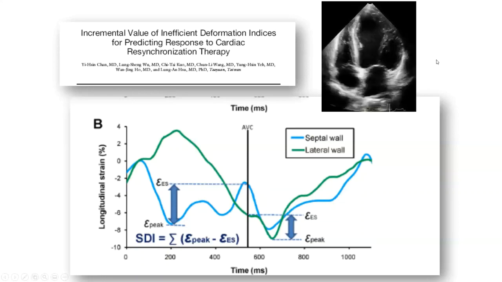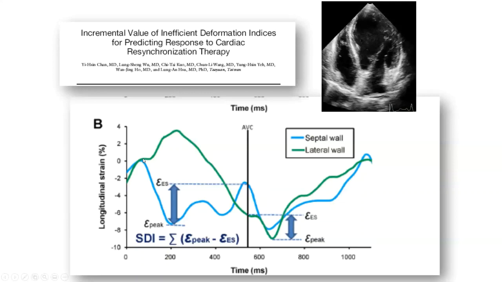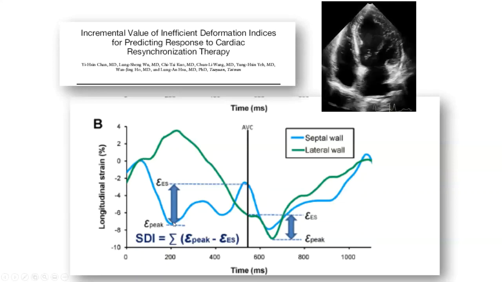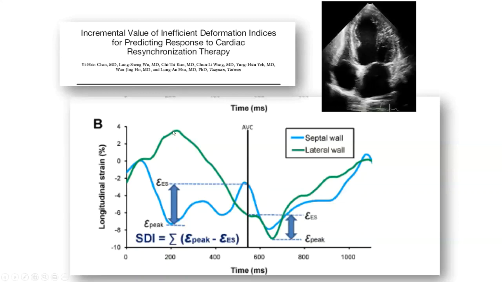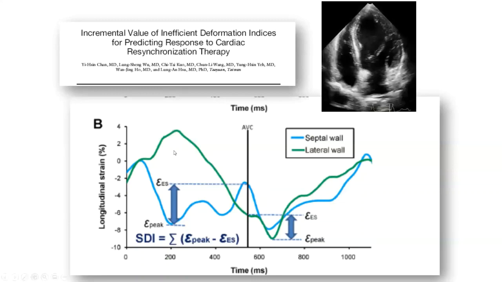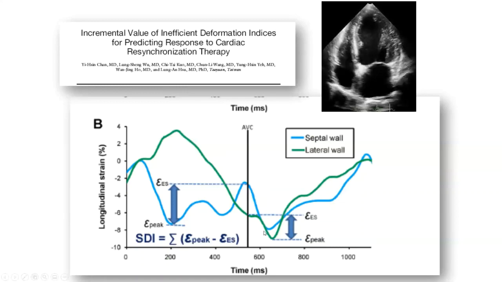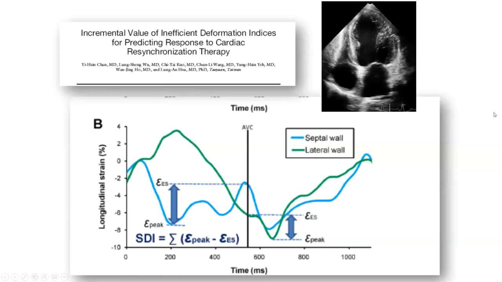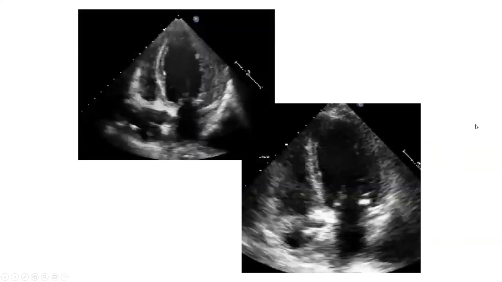So in fact, as I said earlier, the walls are at war with each other. When the septum depolarizes, since it gets the electrical signal first, it expands the lateral wall. It preloads the lateral wall because the lateral wall is still in diastole. And then when the lateral wall comes in, its longitudinal strain is enhanced, and it has the effect of blowing the septum out of the picture.